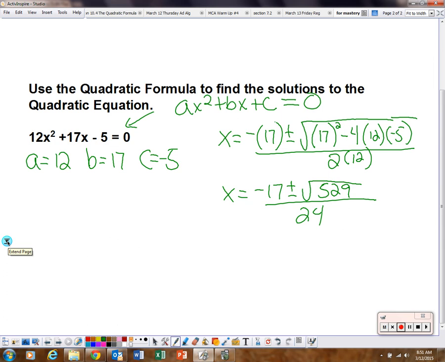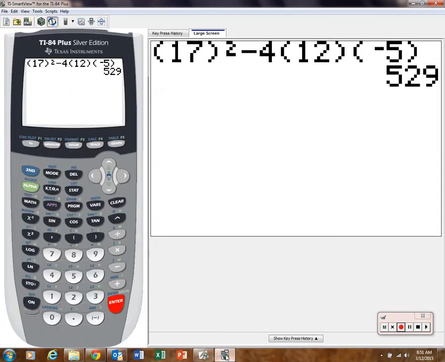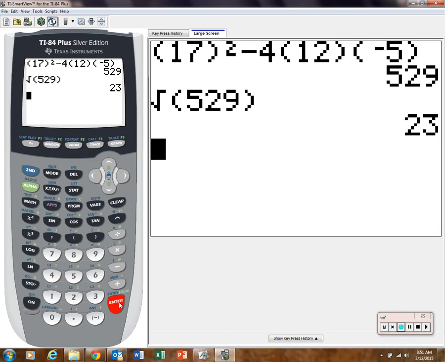Now, let's take the square root of 529 and see what we get. One more time. The square root of 529. Oh, 529 is a perfect square, so we get the number 23.